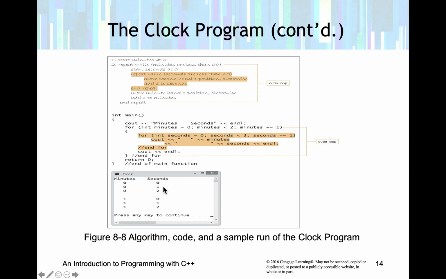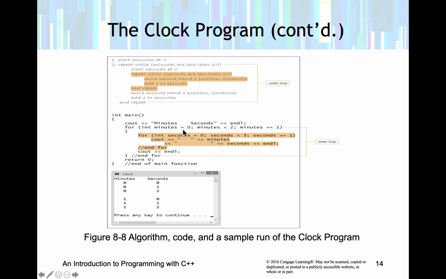So the first 3 lines is the first time that this loop goes around. And then the second time, when minutes changes to 1, the inner loop again goes 0, 1, 2, and at 3 it stops, doesn't print the 3.